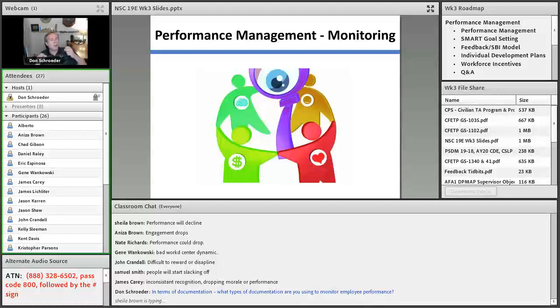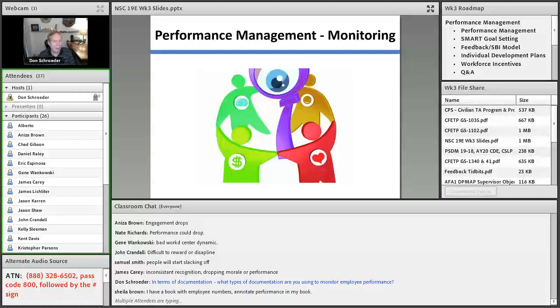Remember, we're not talking about doing the actual performance report now. We're talking about monitoring and observing. You're making notes. What types of documentation are you setting aside to possibly use later when it comes to your actual appraisal time frame? So what are some of the things that you're using?